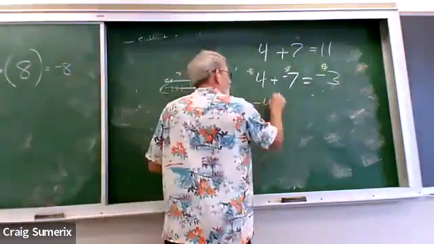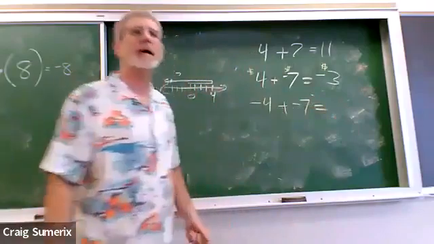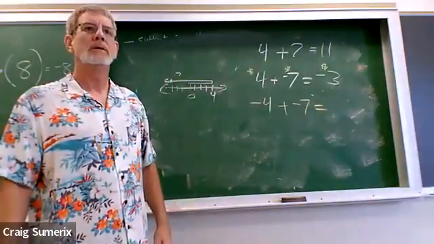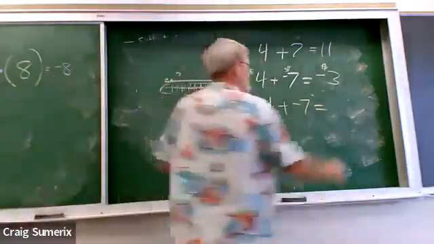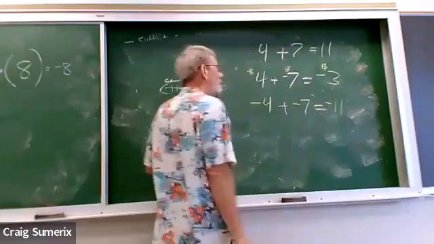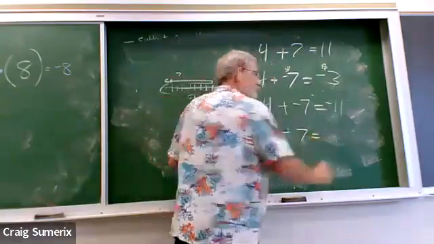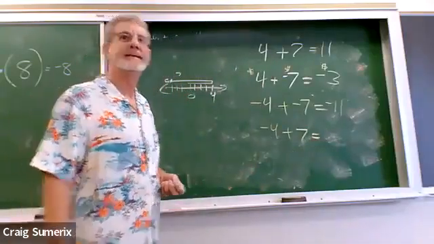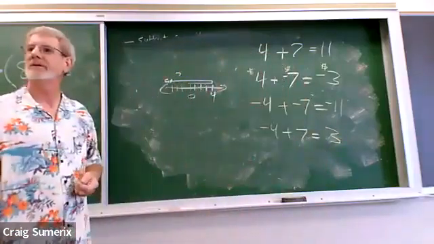So what if you owe $4 and then you borrow $7 more, where you at? Yeah, you owe somebody $11, don't you? What if you owe somebody $4 but you got $7 in your pocket? Yeah, you got 3. Really good. You still got 3 left over.